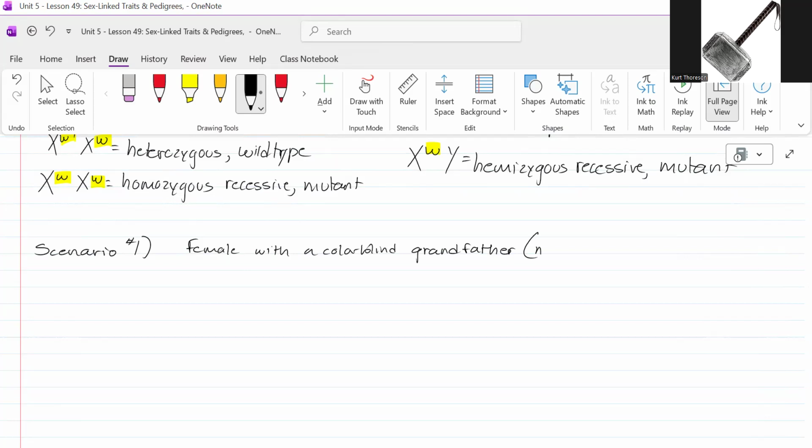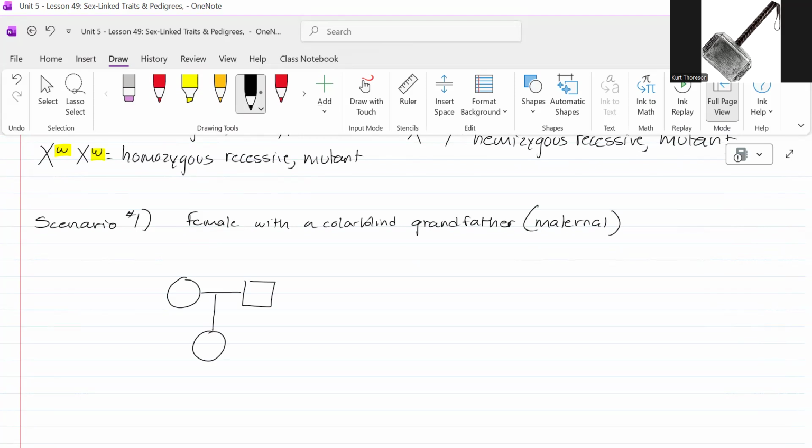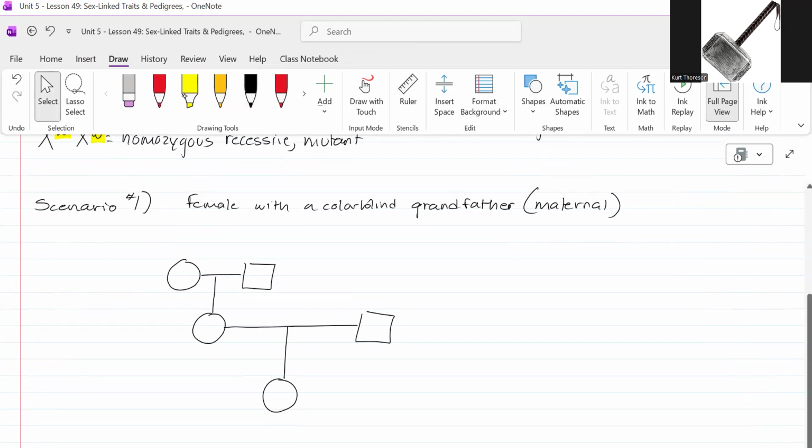And this grandfather was on her mother's side, so that's the maternal side, okay? So here we go. Here's grandma, here's grandpa, here's mom. Mom meets dad. And here's the student I have. Here's the daughter. So there are three generations. I'm going to shade in grandpa because he is affected.